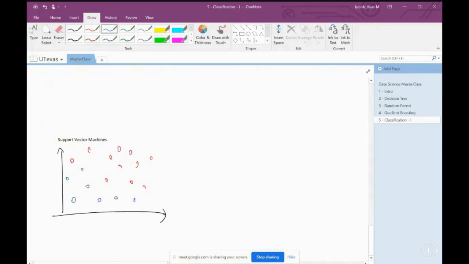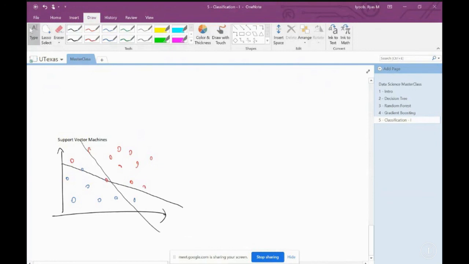So what the support vector machines would do is it tries to create a boundary. It could draw a boundary like this, right? It could draw a boundary between these two, kind of like that, by trying to get all the points into one, or it could try to draw it like this, right?